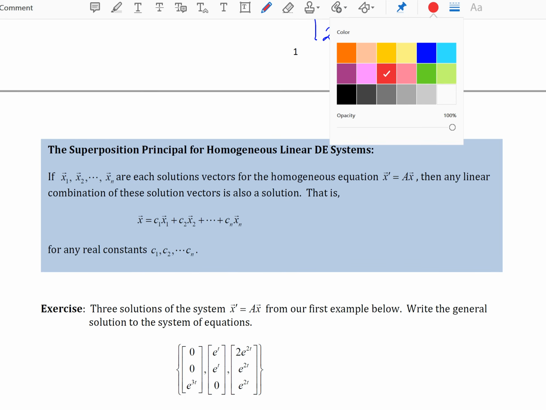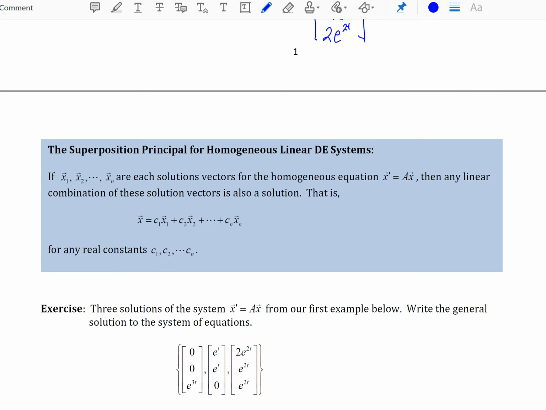Now, the superposition principle for homogeneous linear systems says if given several vectors, x1, x2, through xn, are each solution vectors for the homogeneous system x prime equals Ax, then any linear combination of these is also a solution, for any real constants c1, c2, through cn.